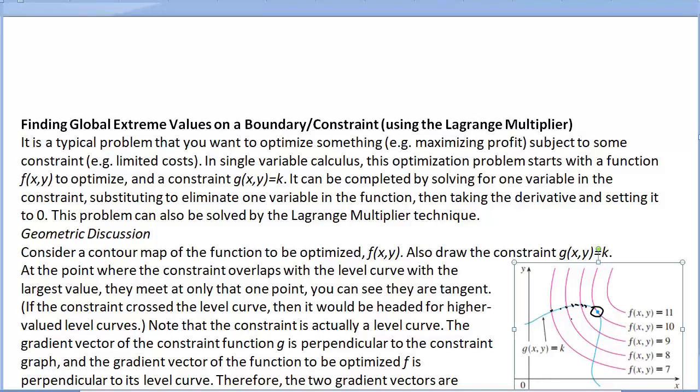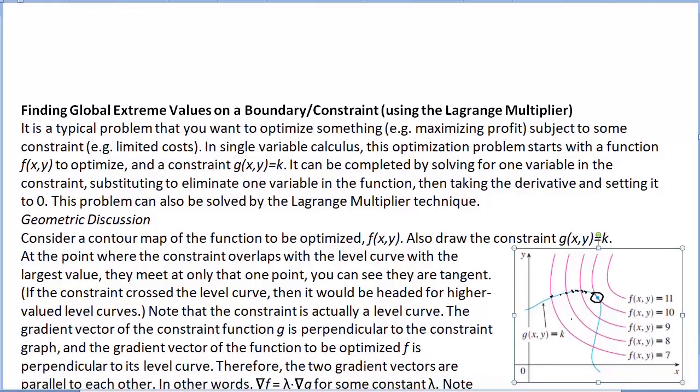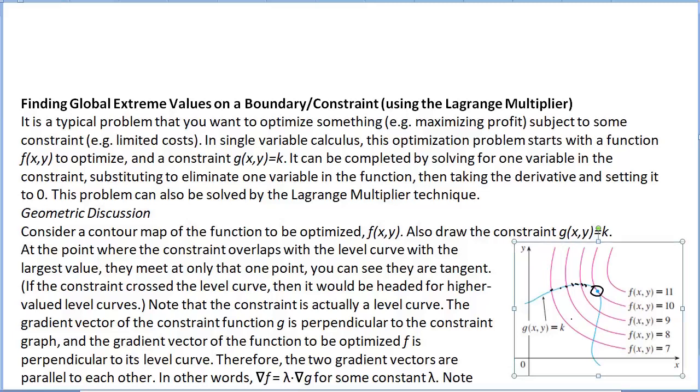Therefore, if we take the gradient of g and the gradient of f, those two gradient vectors must also be parallel. And in order for two vectors to be parallel, one must be a multiple of the other.